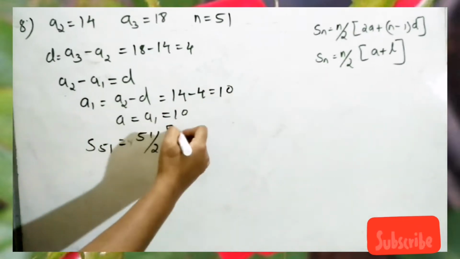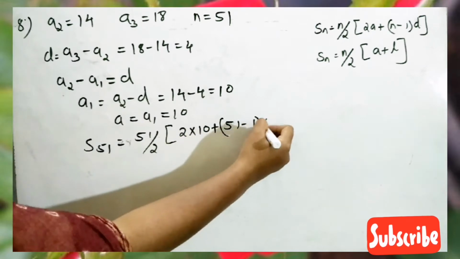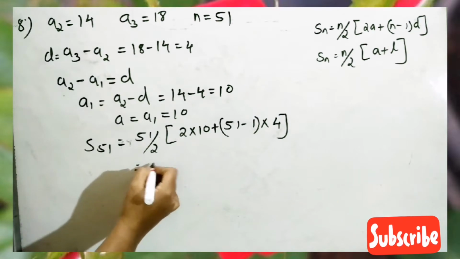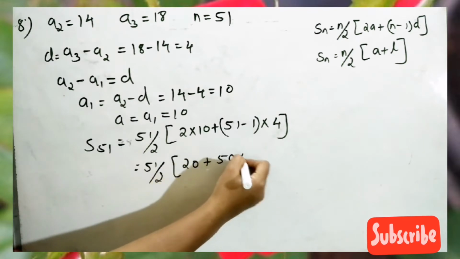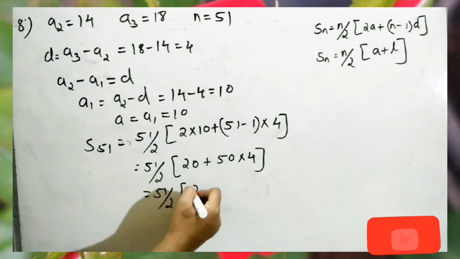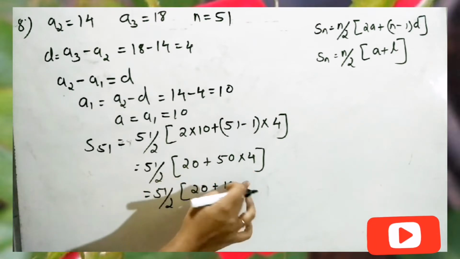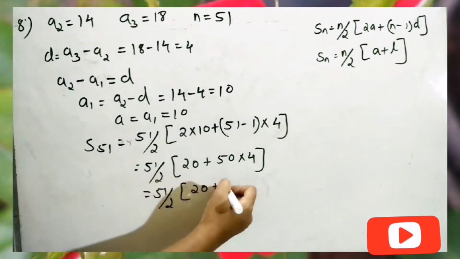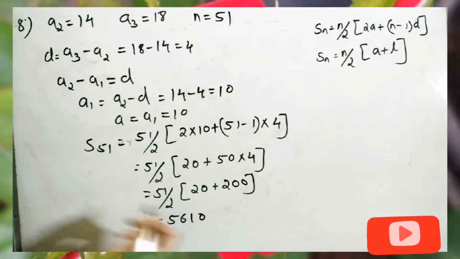We are going to use the first formula, 2 into 10 plus 51 minus 1 into d, that is 4, is equal to 51 by 2 into 20 plus 50 into 4, equal to 51 by 2 into 20 plus 200, and it is equal to 5610.